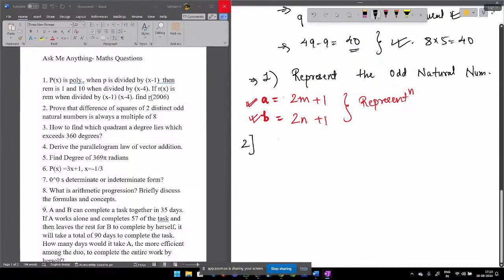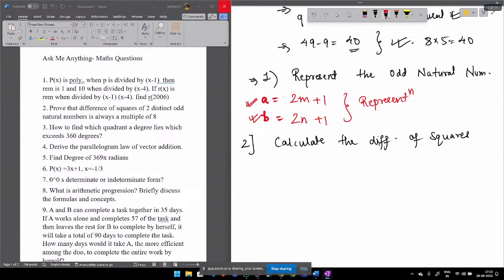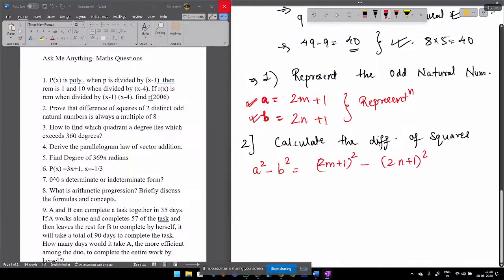Okay, now step number 2, what will we do? We'll calculate the difference of squares है ना, calculate the difference of their squares, right? That is what they are asking us, वही बात पूछी है हमसे कि जो उनका स्क्वायर है तुम्हें वो बताना है हमें कि multiple 8 का. तो जाहिर सी बात है, what is the first thing which we will do, we'll take the squares and calculate the difference. So we'll do it a square minus b square. What would it be? It would be my 2m plus 1 का square minus 2n plus 1 का square है ना.